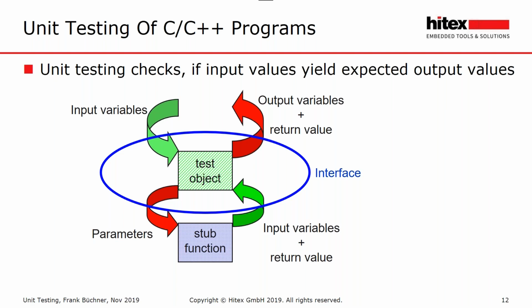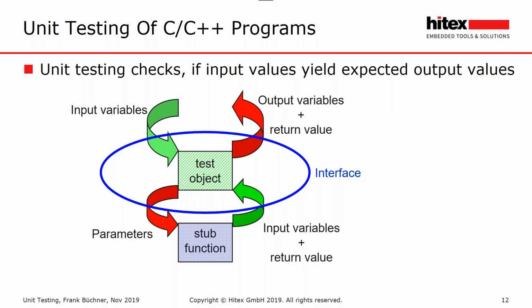So this allows you, for instance, to return arbitrary values to the test object if you use a stub function instead of the actual implementation of the called function, because the actual implementation cannot, or will not, hopefully not, return illegal values, but a stub function easily can, and this allows you to check if your test object behaves correctly if an unexpected value is returned.